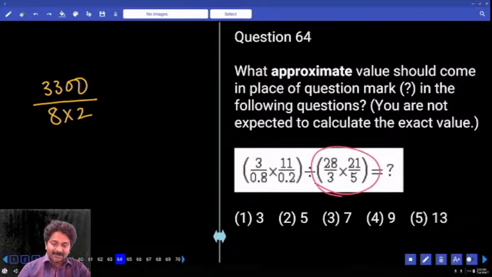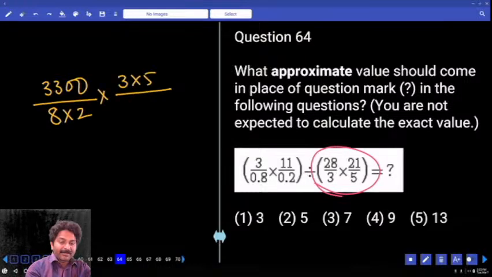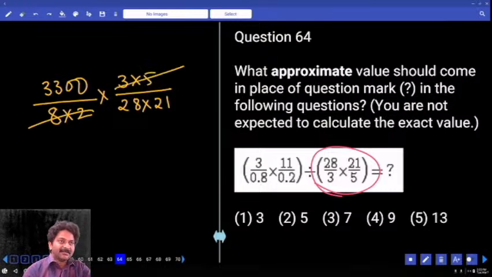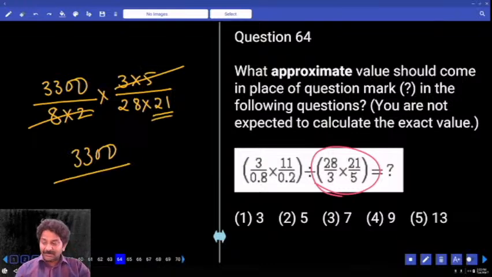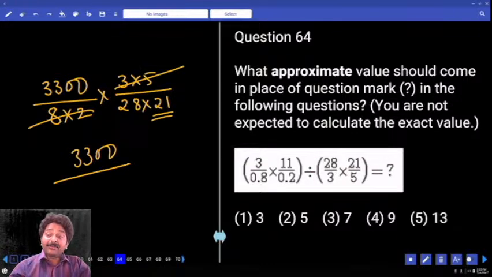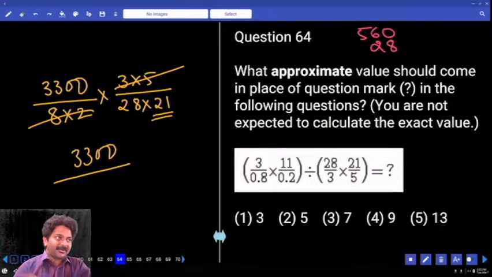Divided by this number can be written as 3 into 5 by 28 into 21. 8 twos, 3 fives, approximate. Numerator 3300 divided by 28. How many times? 20. 28 20 times is 560 plus one more time 28.